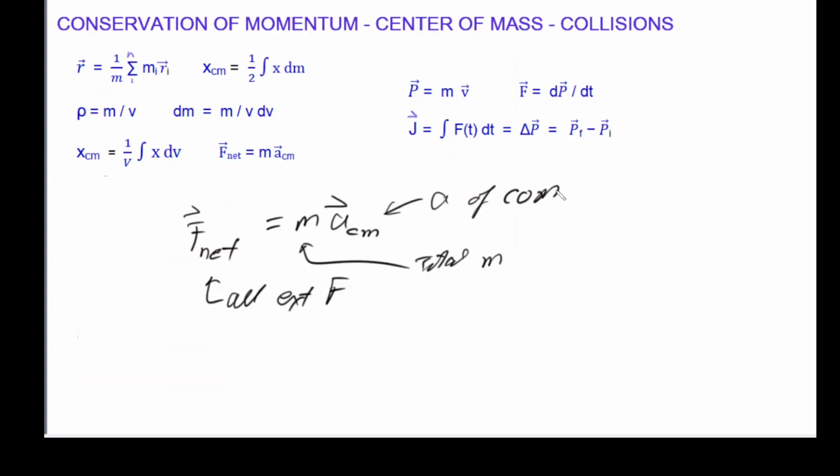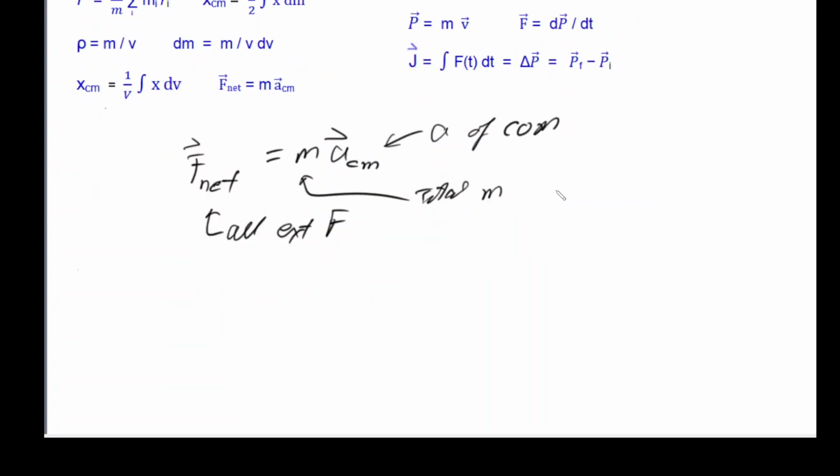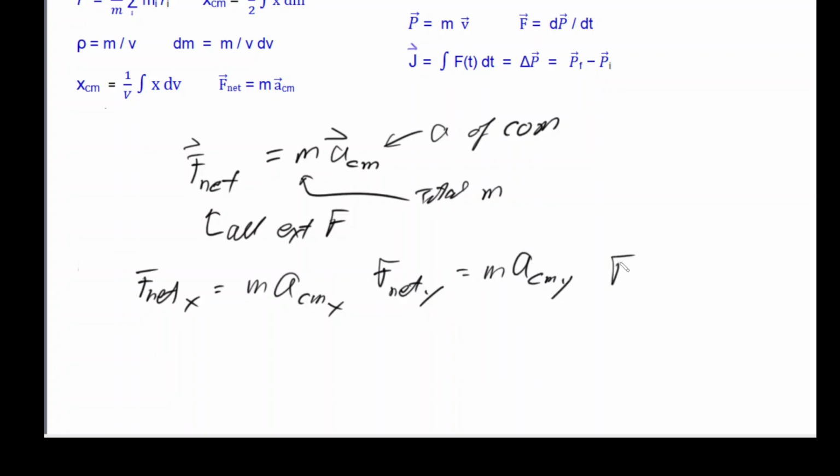So in other words, all the forces will act on a system's center of mass. And then we can rewrite this law as F net in the x direction is equal to mass times a center of mass in the x direction. Net force in y is equal to the mass times the acceleration of center of mass in the y, and F net z is equal to mass times acceleration of the center of mass in the z direction.